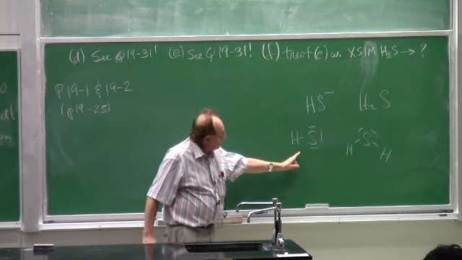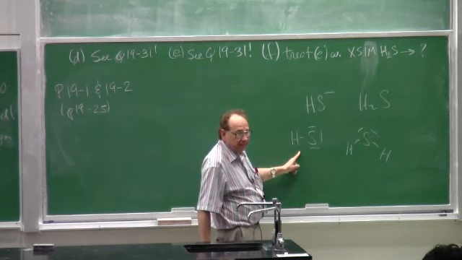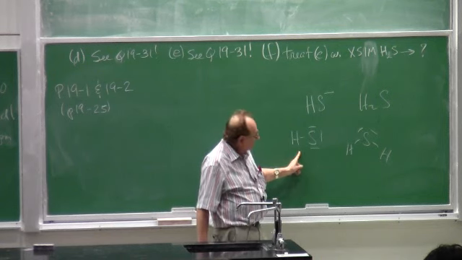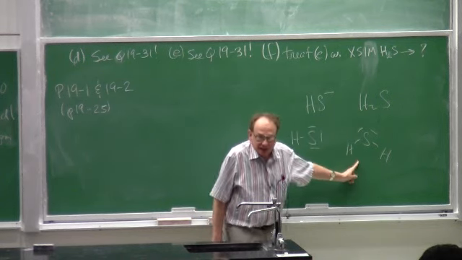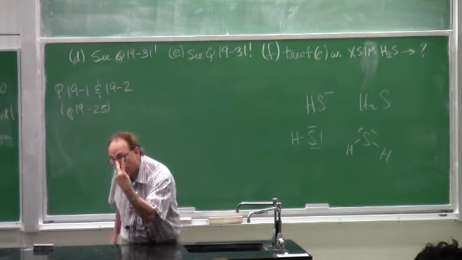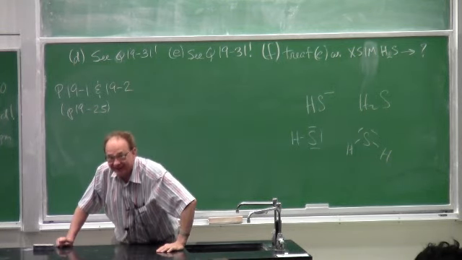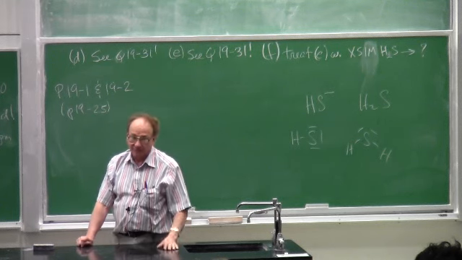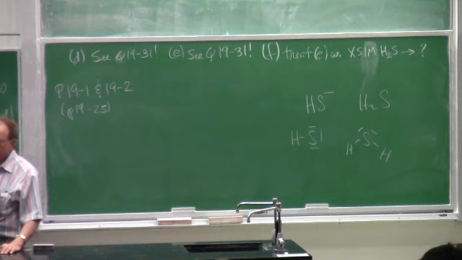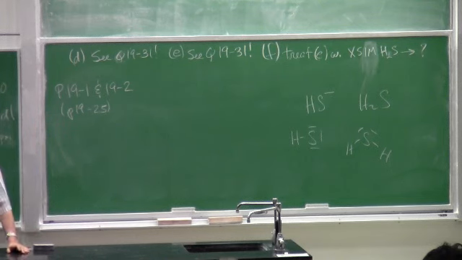If I want to turn this into sulfide ion, how many HS bonds do I have to break? Which costs you more? Breaking 2 bonds the same way or breaking 1 bond? How about that? Hey, believe me, if you go to the candy store and you want to buy 2 pounds of licorice, that costs you twice as much as buying 1 pound of licorice, doesn't it? Same idea here, isn't it?